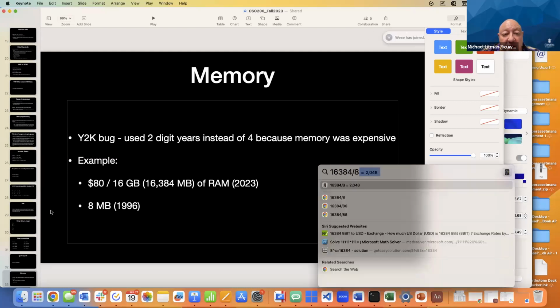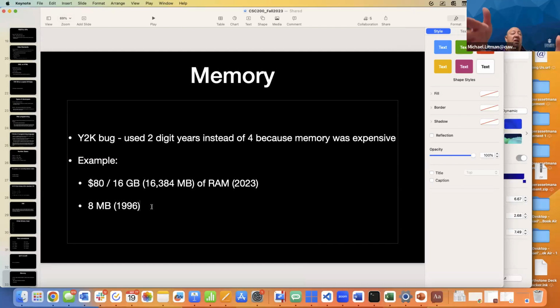Divided by 8, really what we're talking about here is 2,048 times the amount of memory that he purchased compared to what I was purchasing. He paid $80 for 2,000 times more memory than I bought in 1996.